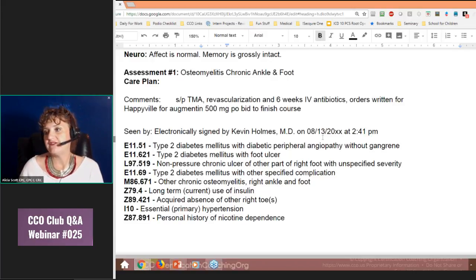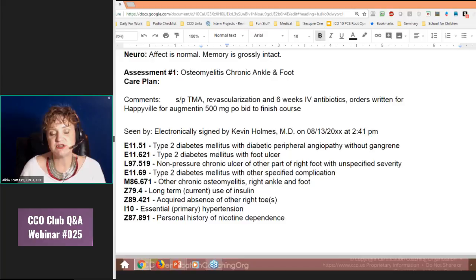I do have a find-a-code up, but I think these are pretty self-explanatory. I would like for you to take time to look at these codes individually in your manuals, because that's going to help you whether you're practicing for risk adjustment or just pro-fee. You need to be familiar that these codes exist and the verbiage that's associated with them.